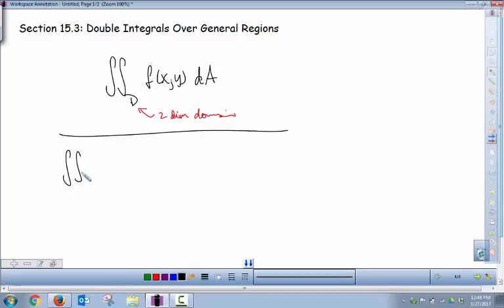So, for example, if we're integrating x squared plus y dy dx, and we're integrating y from 0 to 2, and x goes from negative 1 to 1, would you be able to tell what kind of a region the domain D is?